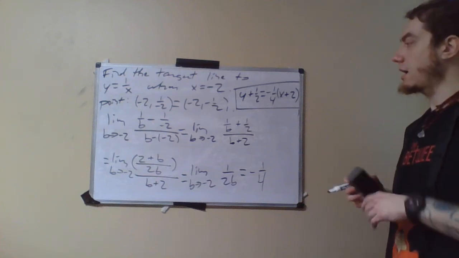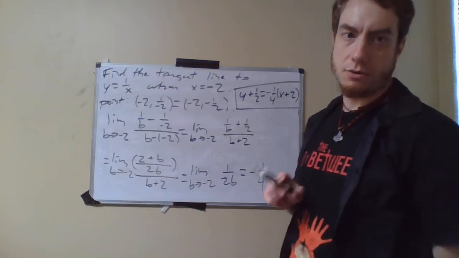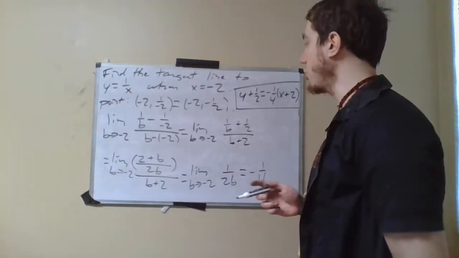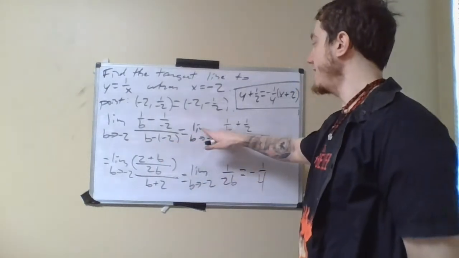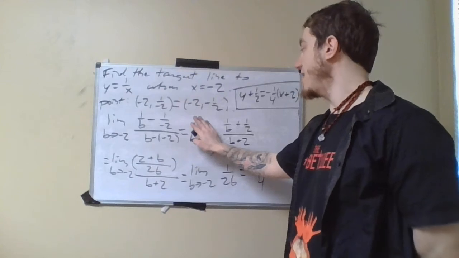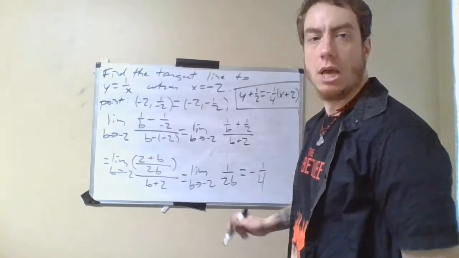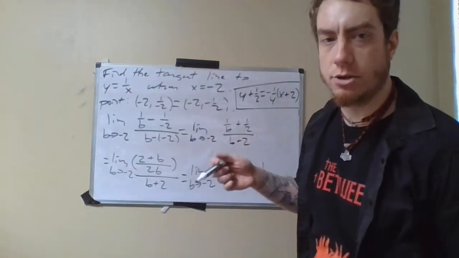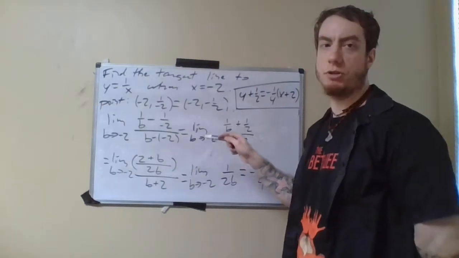Now, a couple of notes here that I want to make. First note, one of the things that a lot of students do when they're working with limits is they start dropping limits. You start writing this and you forget to write in that this is still the limit as b approaches -2. Because you know in your head what you're doing, and it's so much extra work and extra space to keep writing it out.